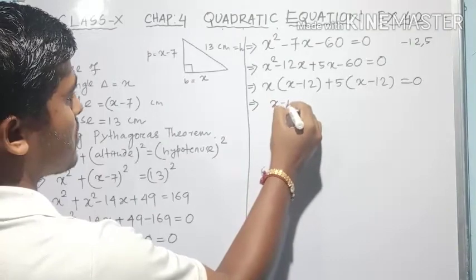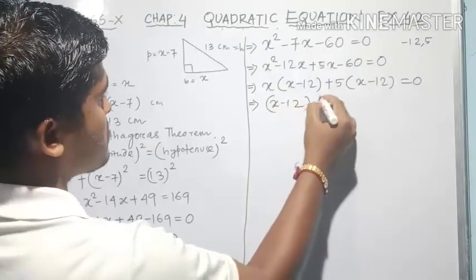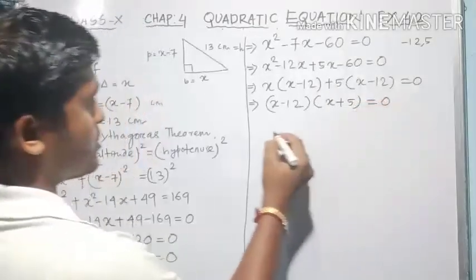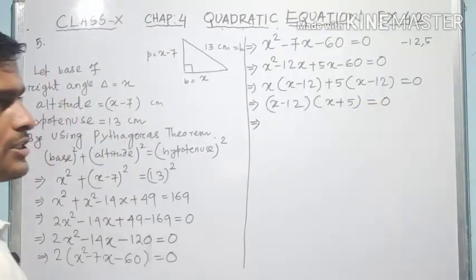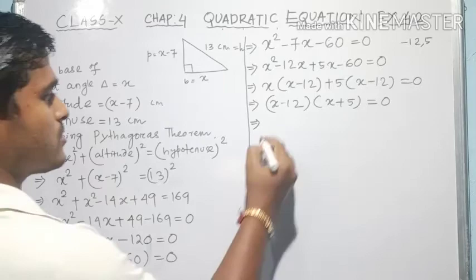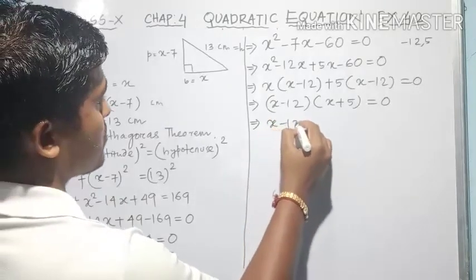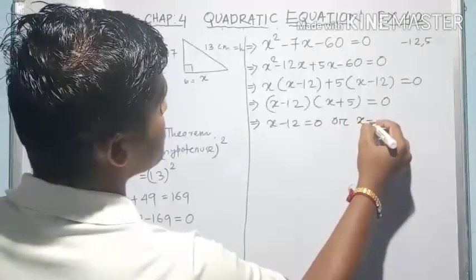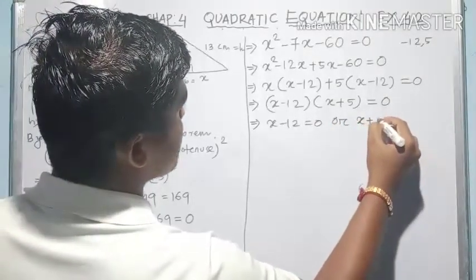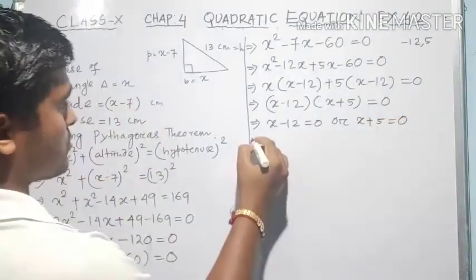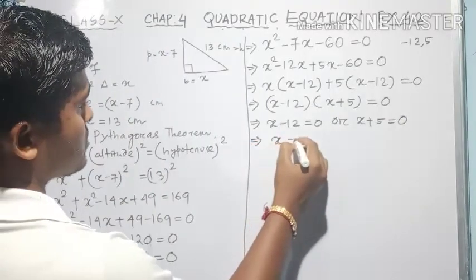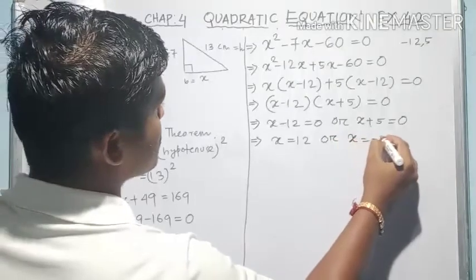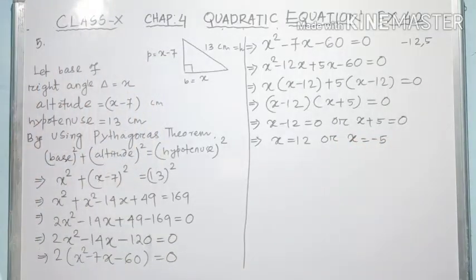This implies (x minus 12) into (x plus 5) is equal to 0. Equating each factor to 0 we get the solutions. So x minus 12 is equal to 0 or x plus 5 is equal to 0. So x is equal to 12 or x is equal to minus 5.